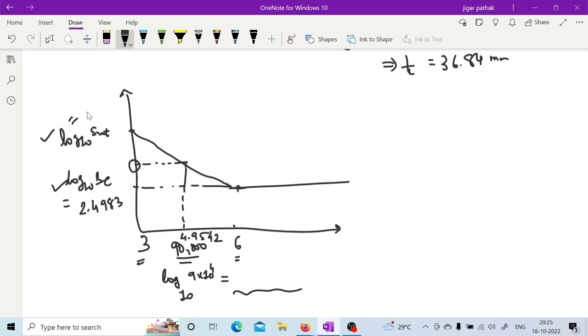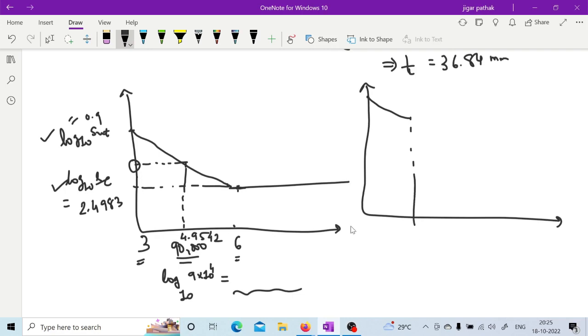SUT actually you need to correct with 0.9 SUT, right? If you remember the high cycle and low cycle, basically this is 0.9 SUT and not the exact SUT. You remember from 0 to 3 you have low cycle fatigue, then high cycle fatigue, and then infinite life.